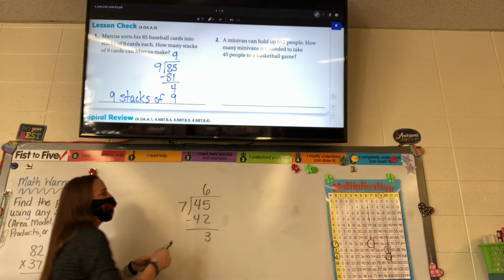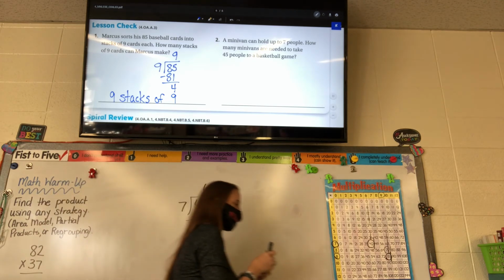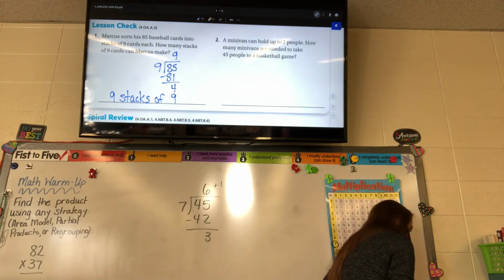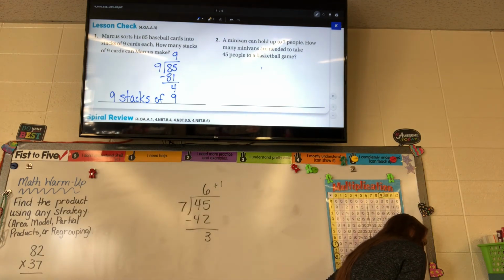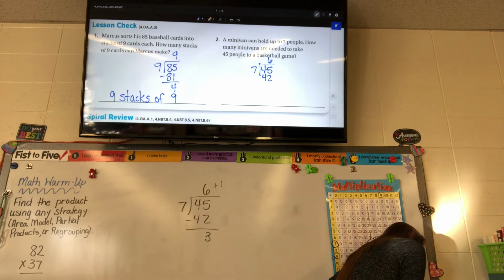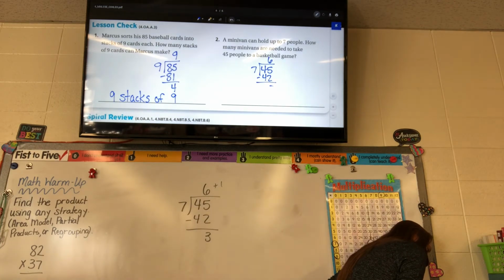So you need 1 more minivan. Or you can make it on the floor for 3 people. Yep. Whoever's making that noise, stop. All right. 45, 6, 42, 3. Okay. So plus 1, 7 vans.